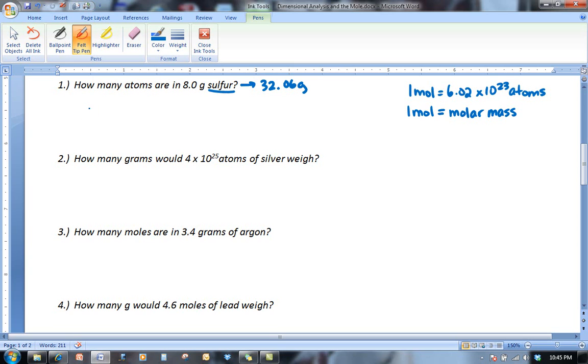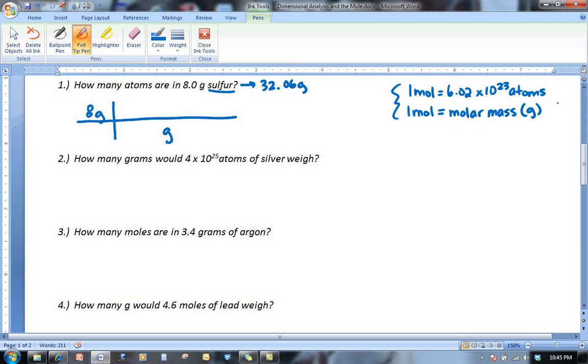We're starting out with 8 grams of sulfur, since that's what we're given. That's what I'm going to write first. Then I draw my grid and denote the unit. So I'm going to go ahead and put grams here at the bottom. Well, if you look over here at our conversion equations, I can see that 1 mole is equal to the molar mass.